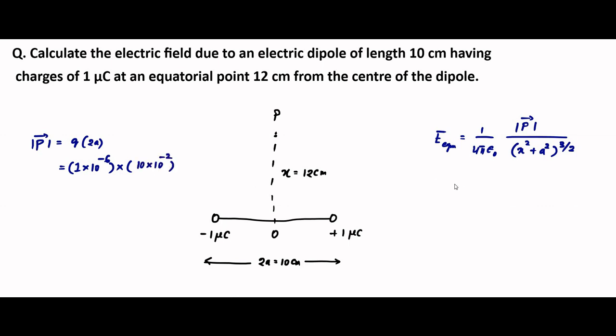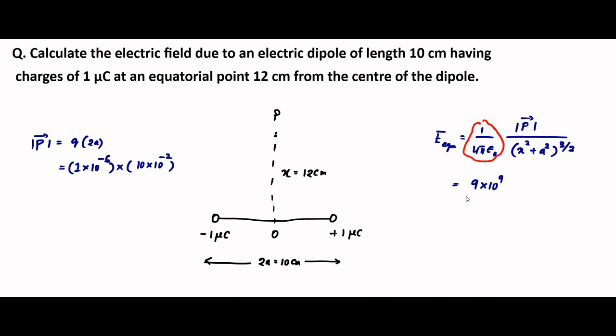We will be substituting 1 by 4 pi epsilon 0 equal to 9 into 10 to the power 9. Here we are using epsilon 0, the absolute permittivity, because nothing has been mentioned about any other medium, so we'll consider free space or air.